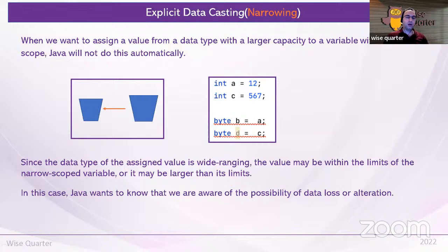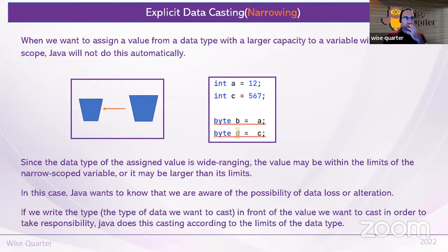Still, if you try to force a bigger number into narrower data, you may lose data, or the system may change the data. But it's possible. You can force it.